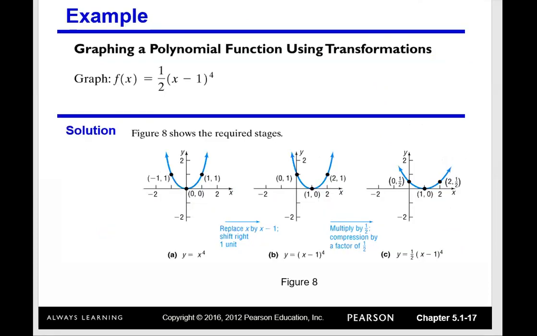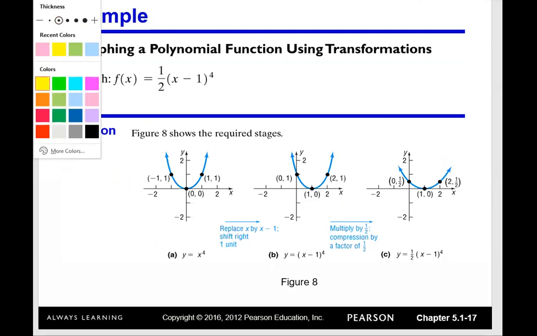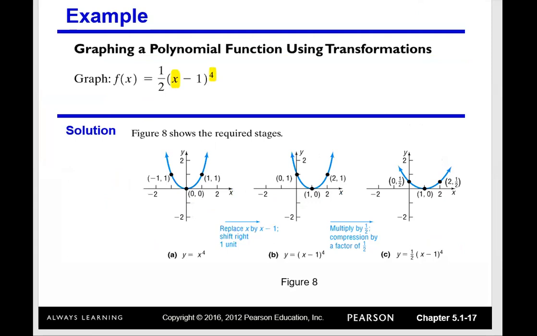And then here is an actual example. It says graph a polynomial function using transformations: 1/2 times (x minus 1) raised to the 4th power. They started with the fact that it is an x to the 4th.